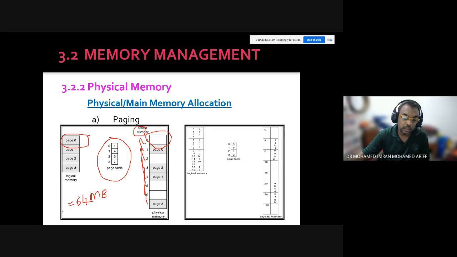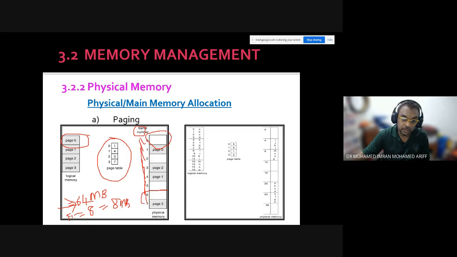Okay, so soalan kata we have total program ialah 64 and we have a frame bersamaan dengan 8. Okay, soalan dia ialah what is the size of the frame? Apakah size frame ini? So 64 divided by 8 equals to 8. So 8 ialah size of each particular frame.